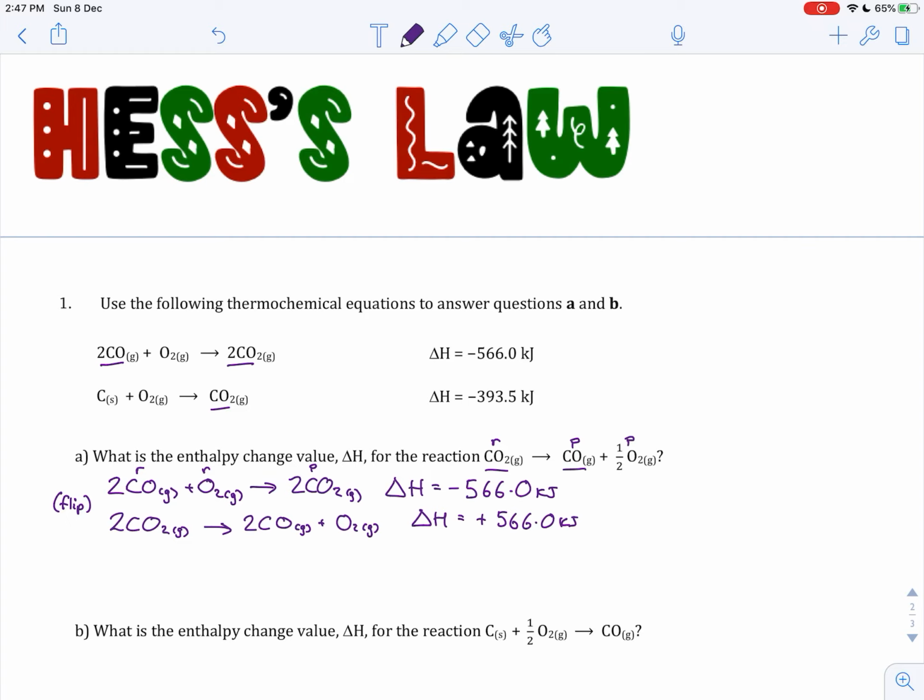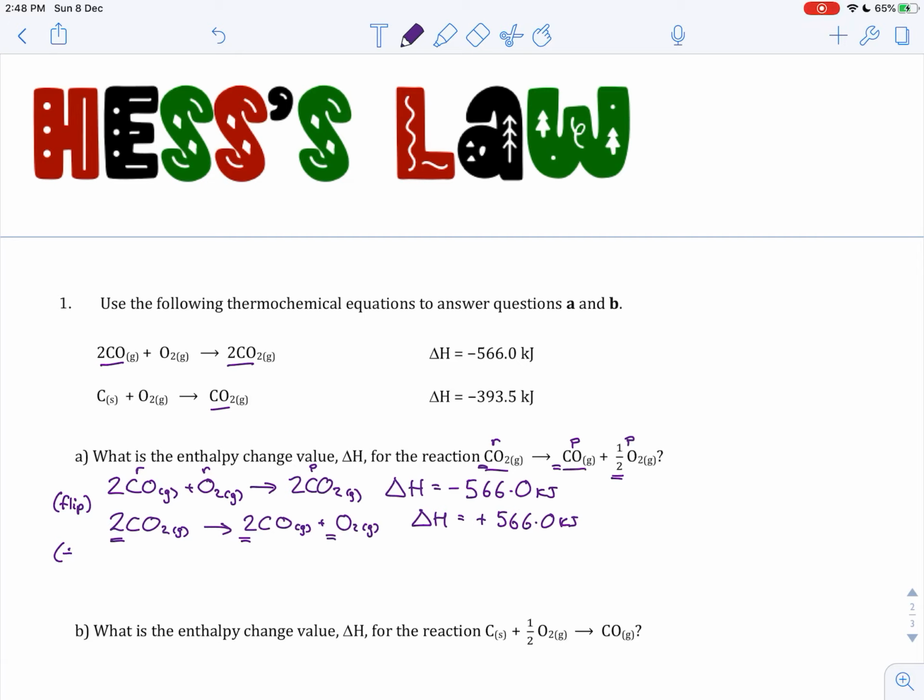Now this is looking a lot closer to your reaction in the question, but it's still not quite right. You've only got 1 carbon dioxide, 1 carbon monoxide, and half an oxygen, where here you've got 2 carbon dioxides, 2 carbon monoxides, and 1 oxygen.